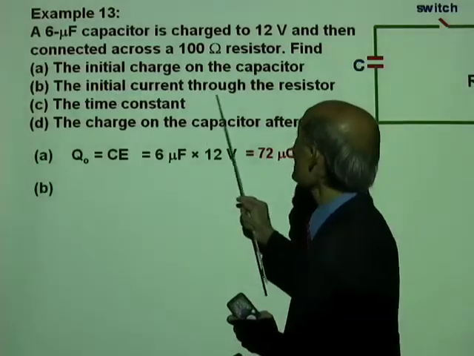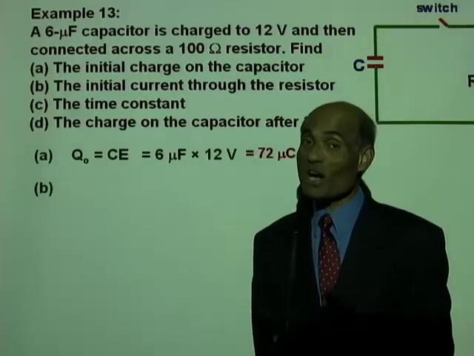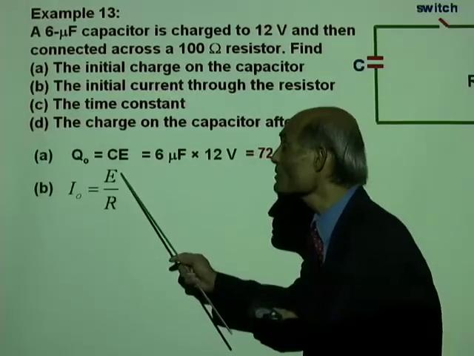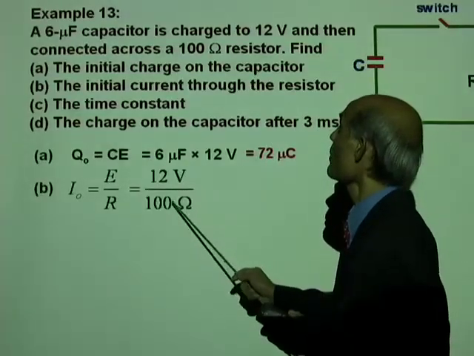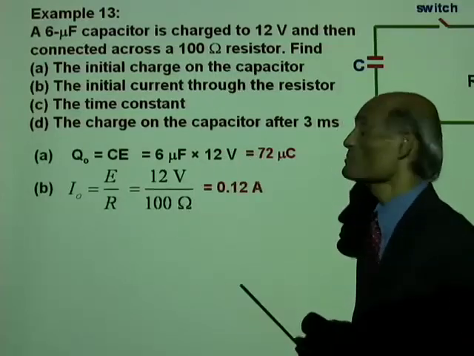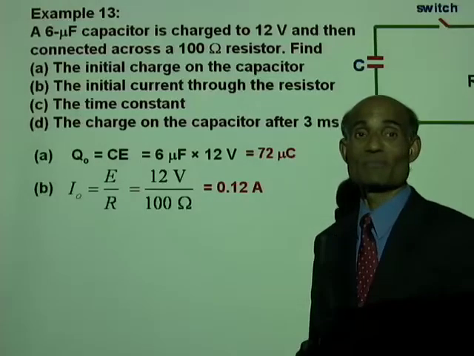B, the initial current through the resistor, will be the maximum current. I0 equals E over R, that is 12 volts divided by 100 ohm, which is 0.12 ampere.